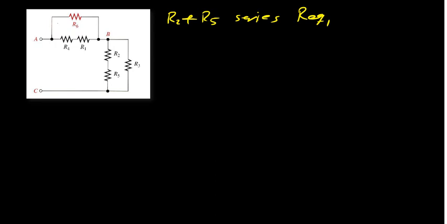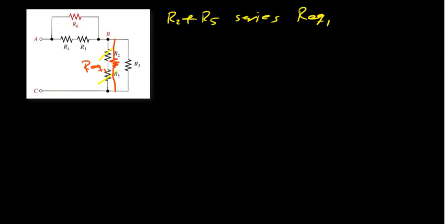Now, the result of this is that I take these out and replace them with a new resistor, the equivalent, and it will be R equivalent 1. Okay, so I could draw my circuit to be like this.